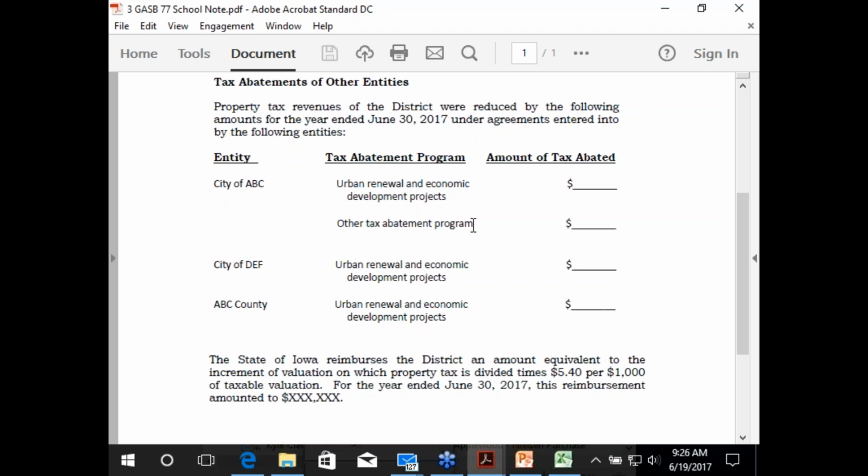And the assessor would go out and look at it and say, yes, you did improve your property, and we're going to abate your taxes over the next however many years the city's program runs. After I entered into the agreement with the assessor, I didn't do anything. I already had it done beforehand, so that wouldn't show up here. But there are a couple of cities, as I mentioned, Johnston's one, where you might have something in this other tax abatement program area.